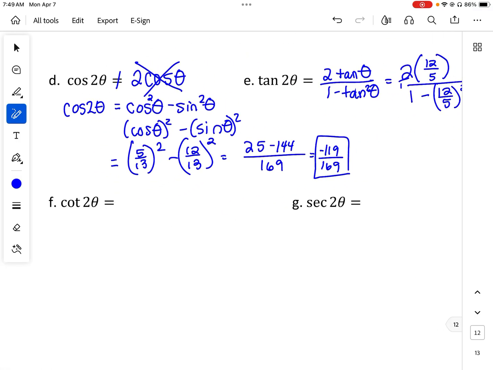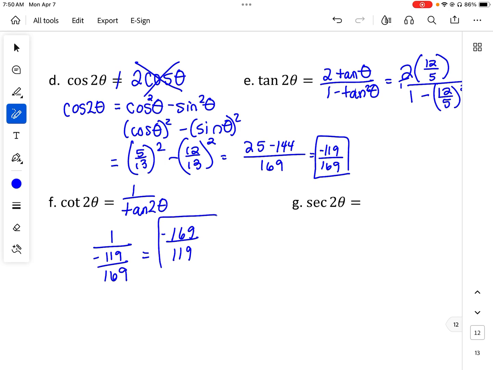All right, let's go to the next one, cotan 2 theta. Remember that cotan is 1 over tan, so that's what we're going to do. We need to find tan 2 theta, which we've already done. So I'm going to do 1 over negative 119 over 120. When you have 1 over something, we're just going to do the reciprocal.